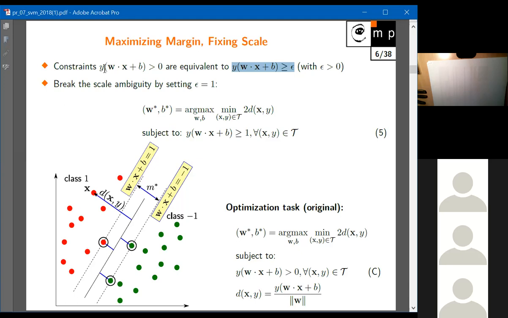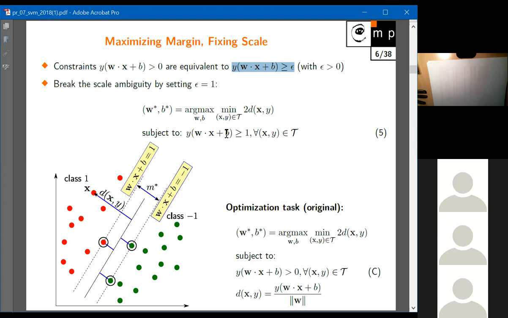So for all points, the inequality, class plus minus 1 times projection plus b greater than 0, is the same thing as saying there exists an epsilon. Let's require this epsilon to be equal to 1. So we'll say, maximize the margin subject to projection being greater than 1.